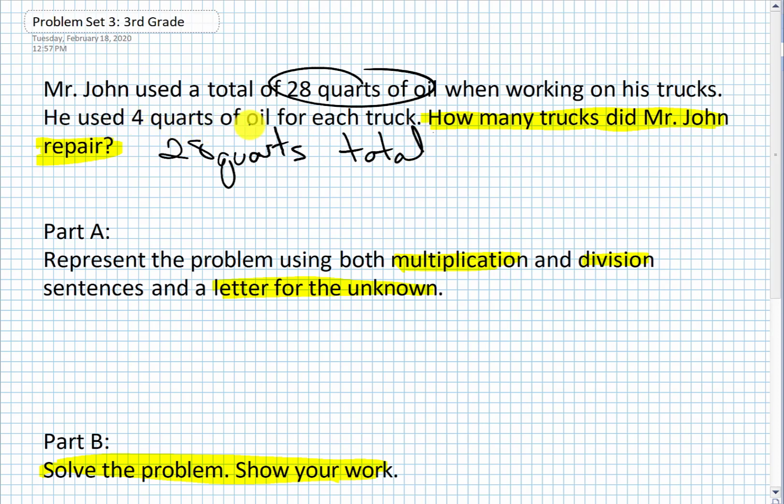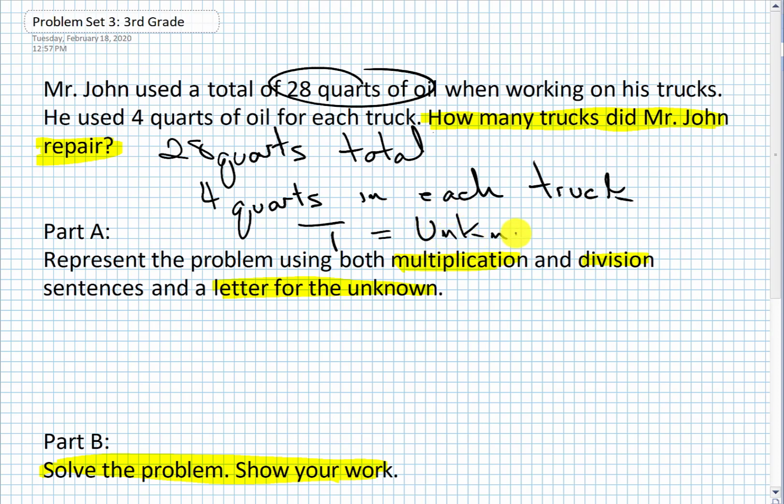He used 4 quarts for each truck. So we have 4 quarts in each truck. And we will use the letter T to represent the missing number of trucks, the unknown number of trucks.